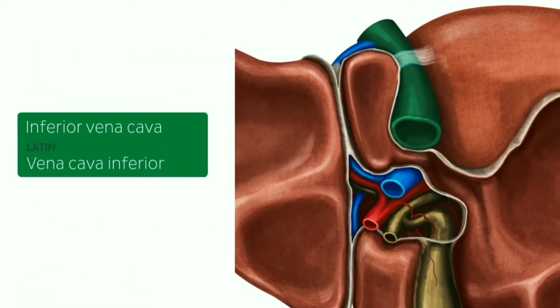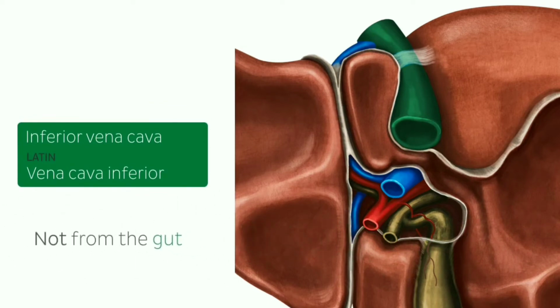It should be noted that the inferior vena cava does not drain blood from the gut. This blood has to pass through the portal vein into the liver to allow for the removal of any contaminants and for the processing of nutrients. We will see the route of this blood in the following slides.